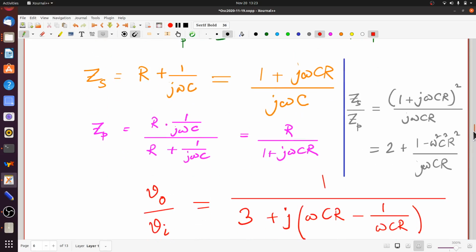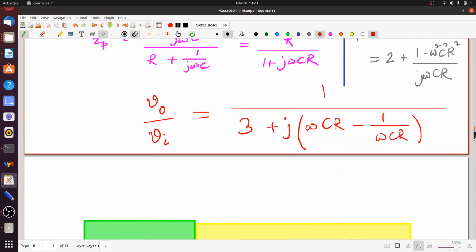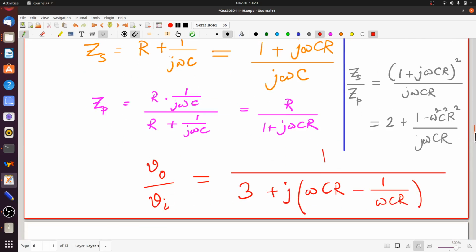And when you plug all of it back, you get the VO by VI ratio for the lead lag network to be 1 by 3 plus, it was 1 plus ZS by ZP in the denominator, remember? So 3 plus j times this quantity, which is j times omega CR minus 1 by omega CR.